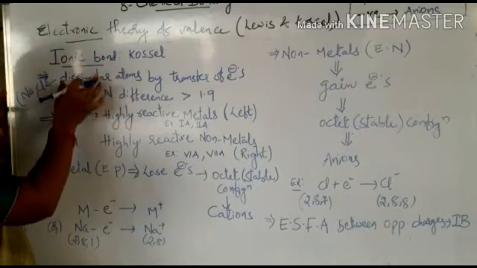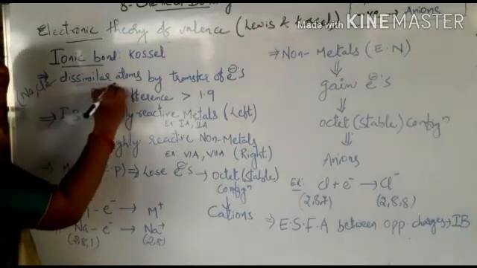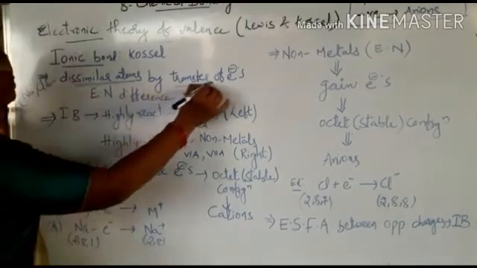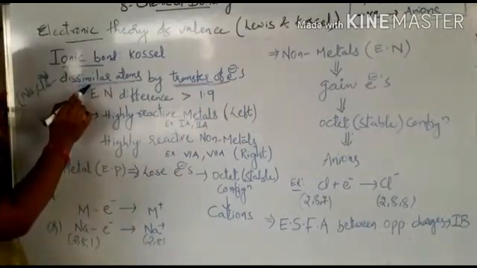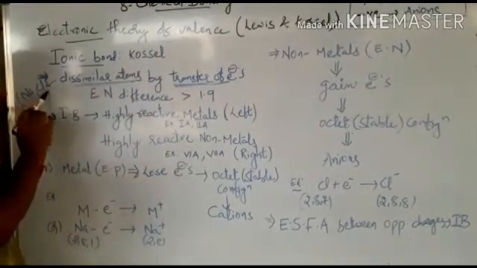Always an ionic bond forms between two dissimilar atoms by the transfer of electrons, like sodium and chlorine.